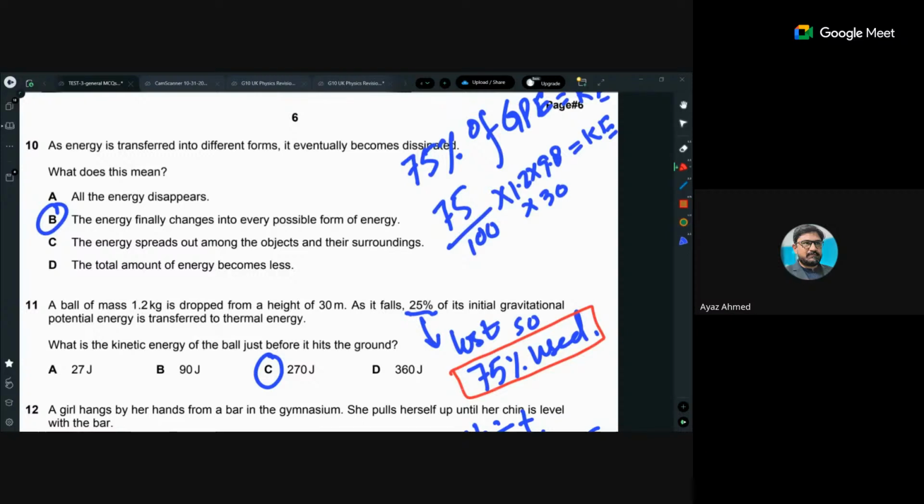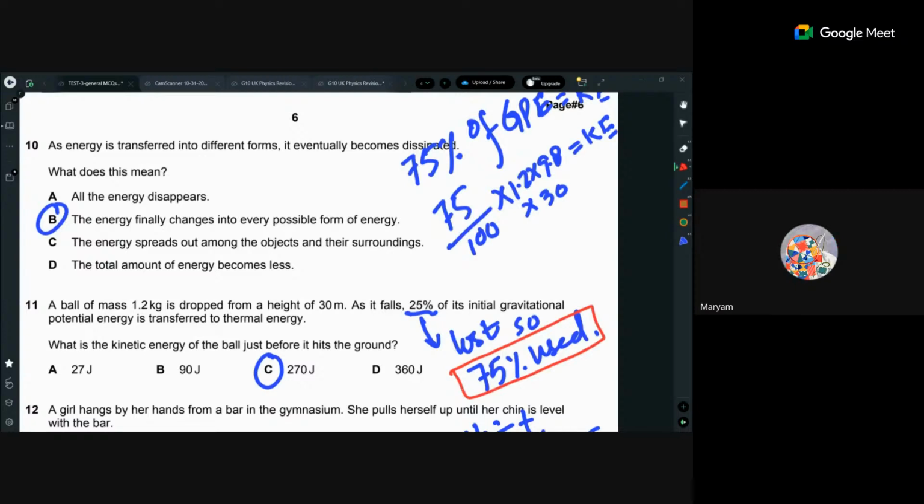So see, when it is lost to the surrounding, what will happen to the surrounding? It's not lost, but it's spread. Okay. For example, when you rub your hands, chemical energy of your body is converted to what?